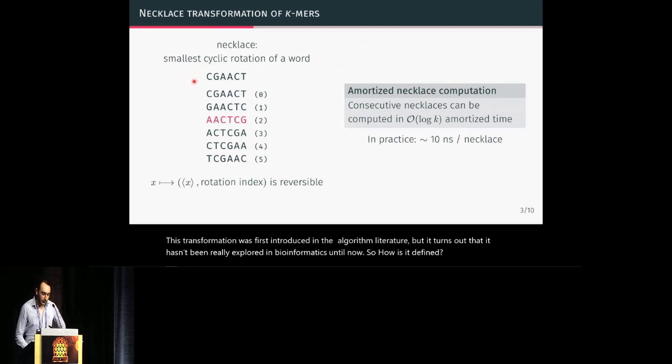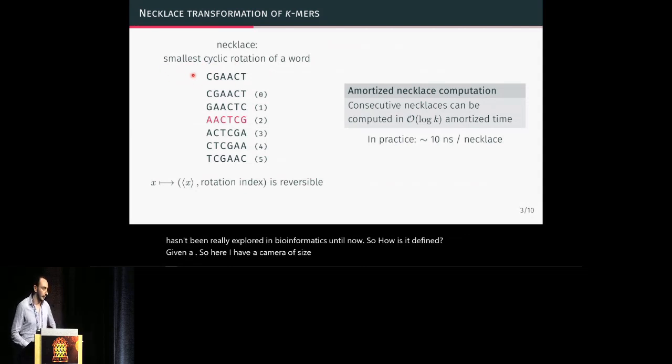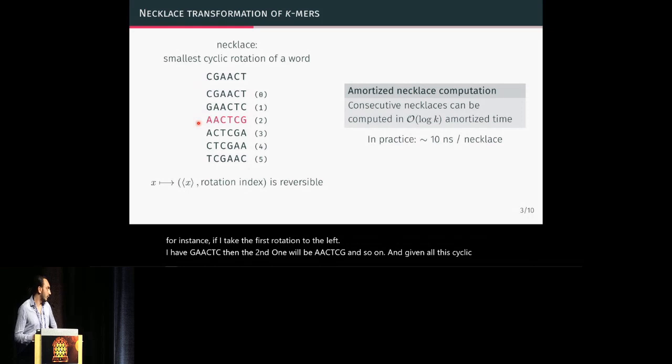Given a string, here I have a k-mer of size 5, we'll consider every cyclic rotation of this word. For instance, if I take the first rotation to the left, I have GAACTC, then the second one will be AACTCG, and so on. And given all these cyclic rotations of my original string, I will select the one that is the smallest with respect to the lexicographic order.